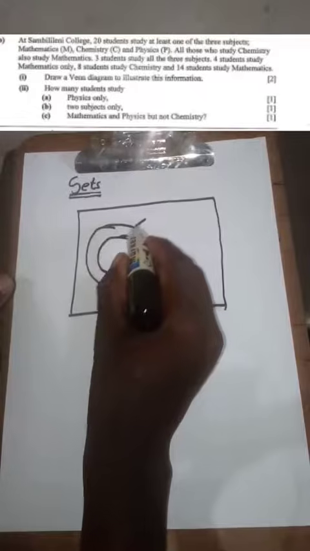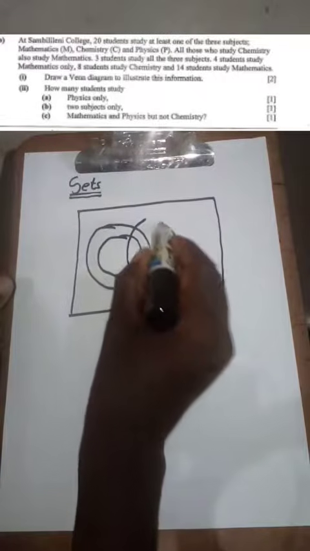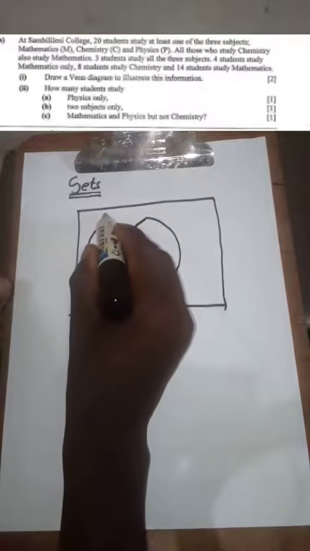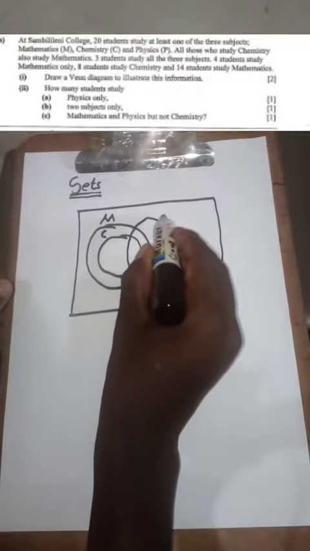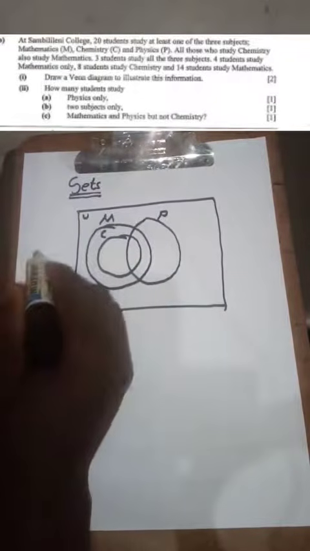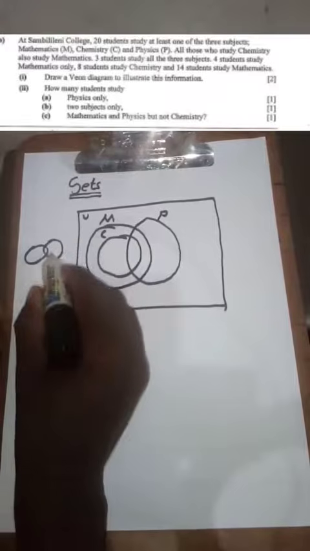So that's a universal set. Then we'll do that, then also do that, then we'll do that as well. Right, then here I'll say math, here I'll say chemistry, and here I'll say physics. Why do I put this in this format, not in that usual one?